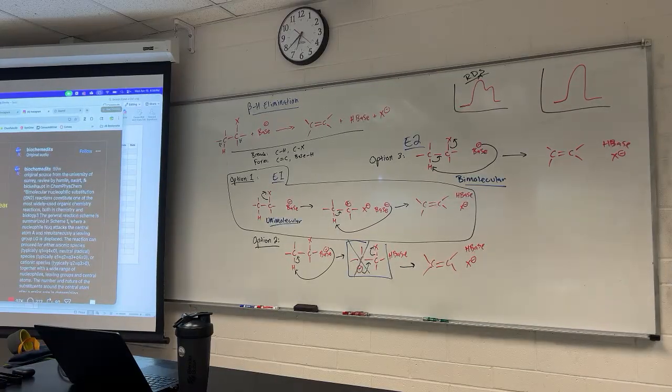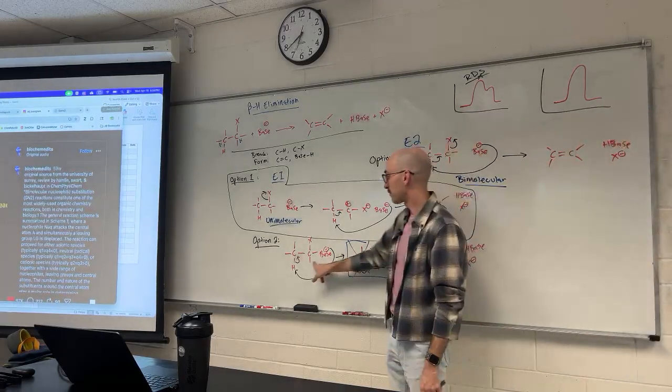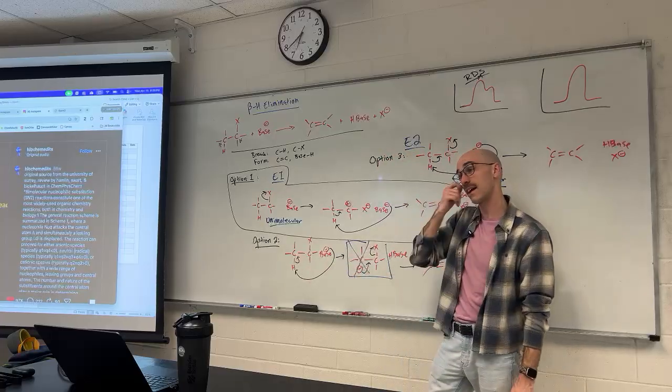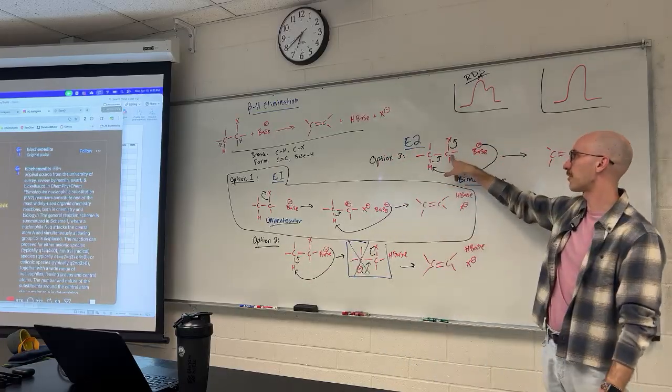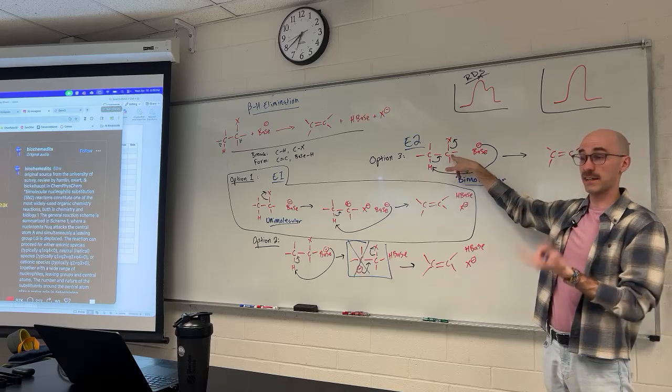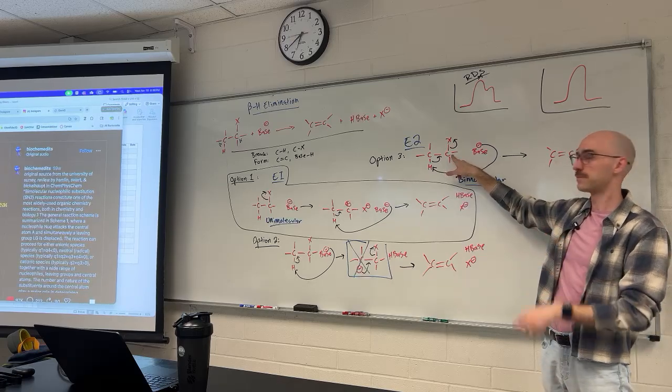Why did you give us this, the R minus, if it doesn't happen? It does happen. It's just very hard to make, and if you're not careful, it will explode. In fact, we'll talk about this in OChem too, but generally the way you make it is take an alkyl halide and react it with magnesium, elemental metal.